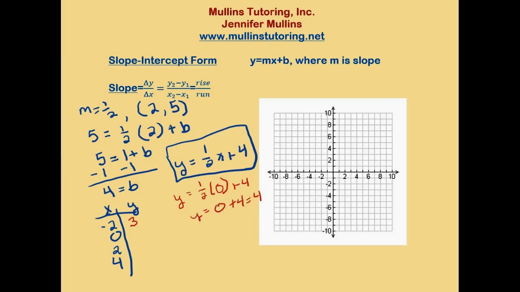So when x is 0, y is 4. Now we want to replace my x value with the 2. That was what we had used in our original point. So I know that when x is 2, y is going to be 5.